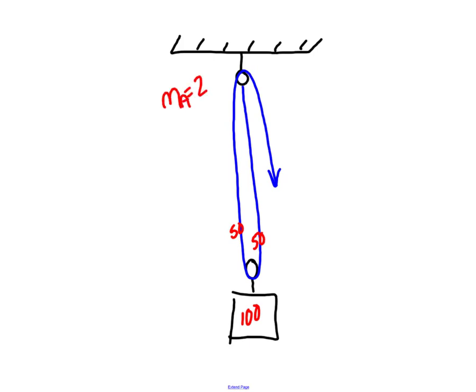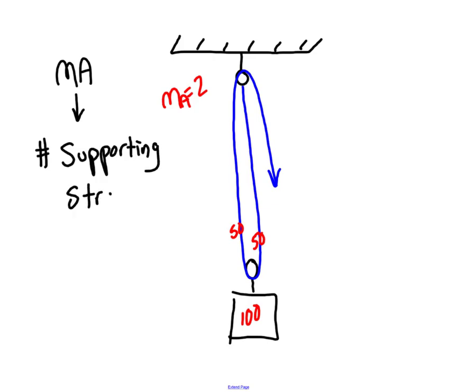So I'm going to give you a little tip. Actually 2 little tips. Number 1, to find the mechanical advantage of a pulley system, you're going to count the number of supporting strands. Number of supporting strands.